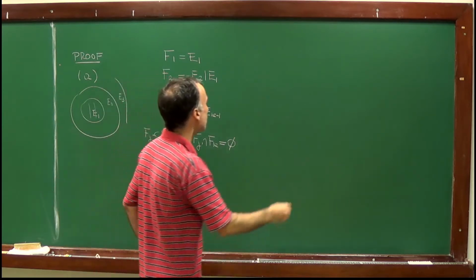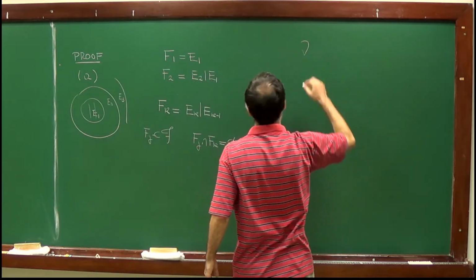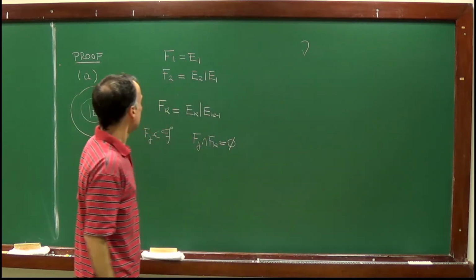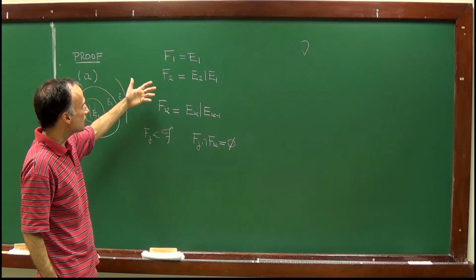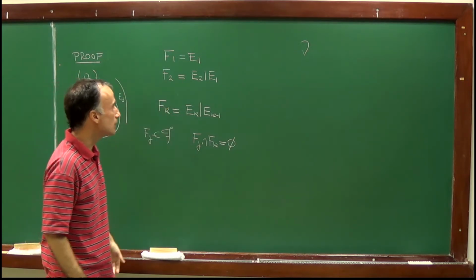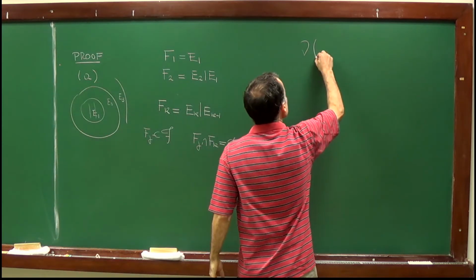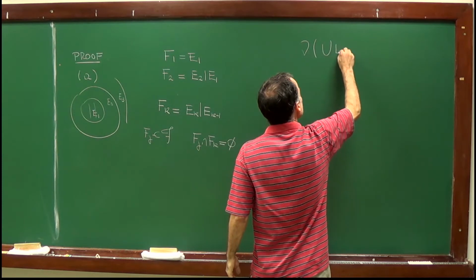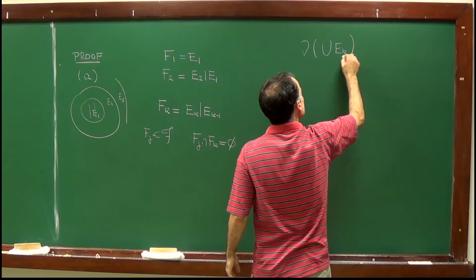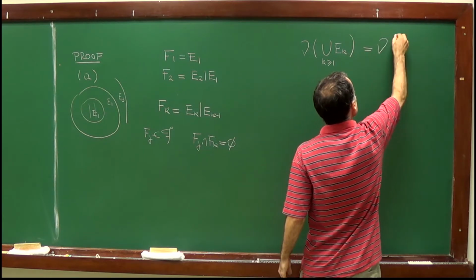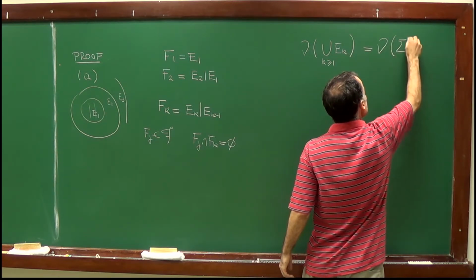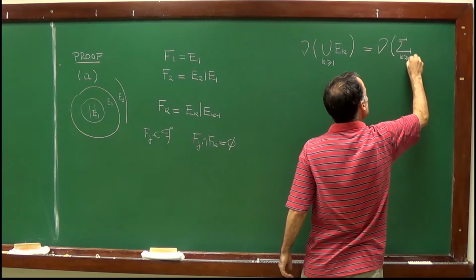So, by the sigma additivity, you first observe that the union of the sets Ek is equal to the union of the sets Fk.